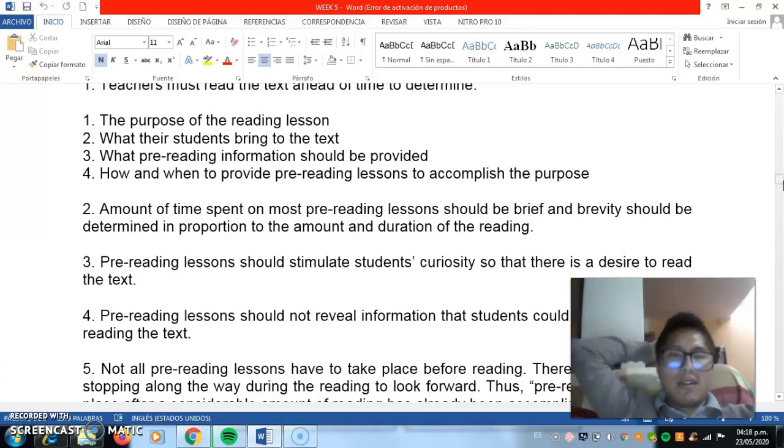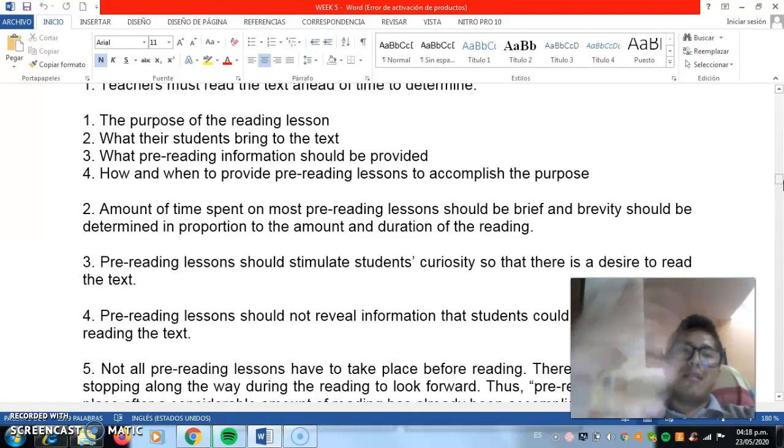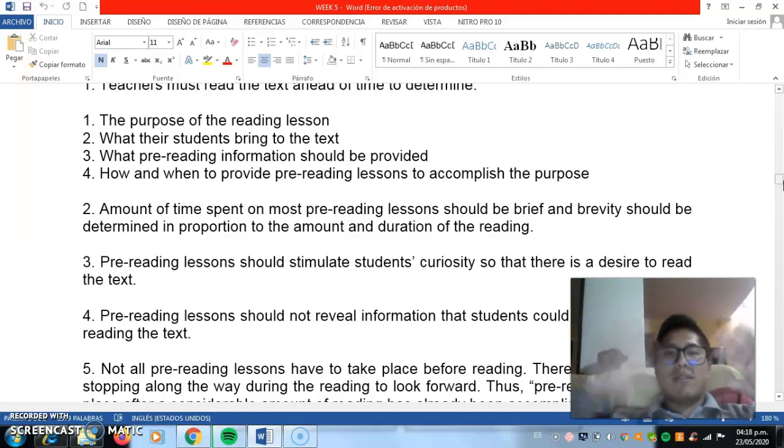When you have a reading, first of all, teachers read and propose by yourself, according to your experience and your students, some pre-activities that I'm very sure are going to be necessary and important for them, and of course they are going to respond correctly.